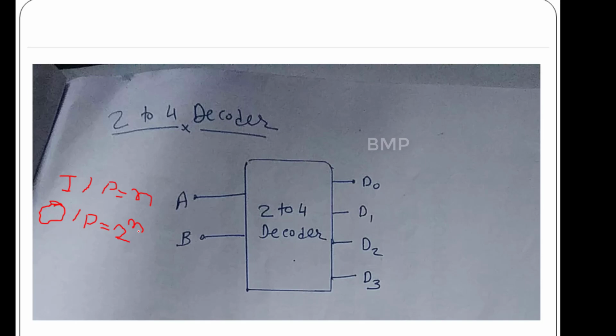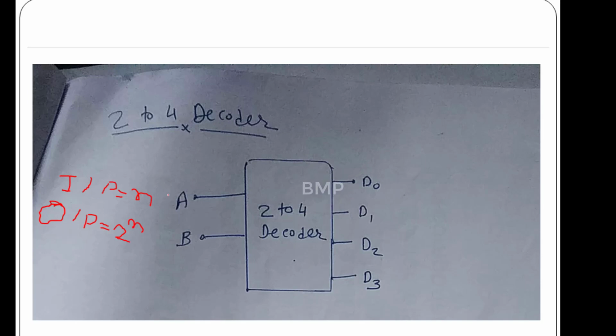Maximum output lines can be 2 raised to n. In some applications, like binary to BCD encoder, we use fewer than 2 raised to n lines. So maximum lines can be 2 raised to n.